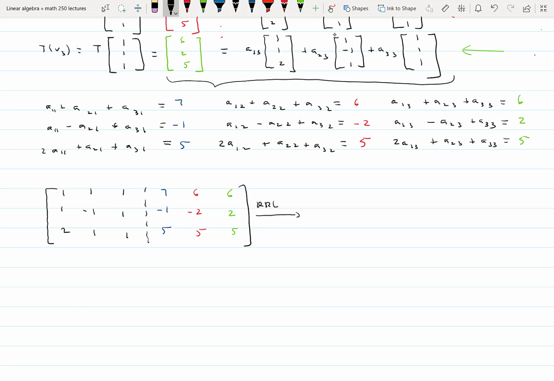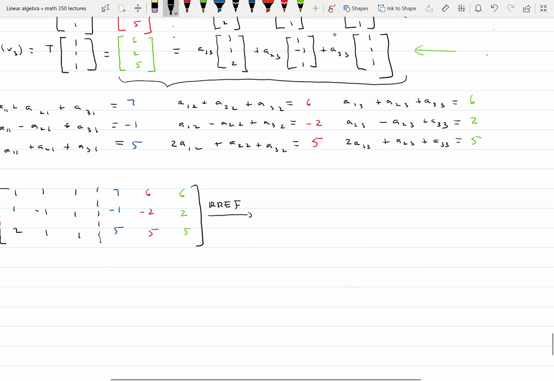The elementary row operations for each of the three systems would be identical. So I'll solve all three at once.